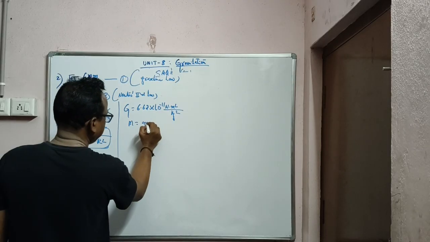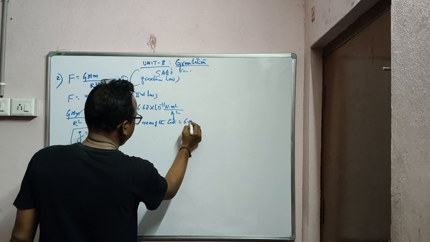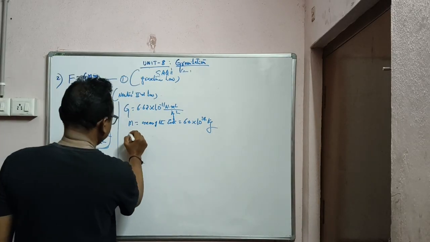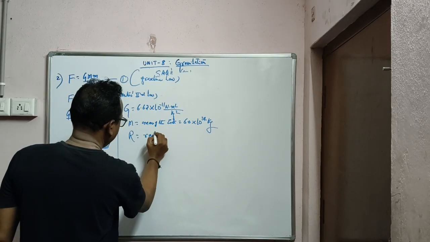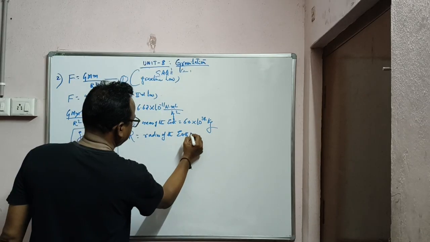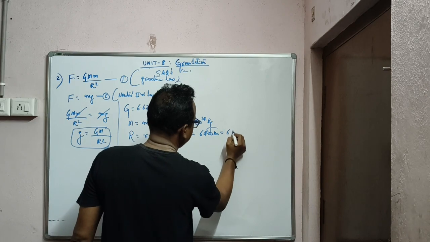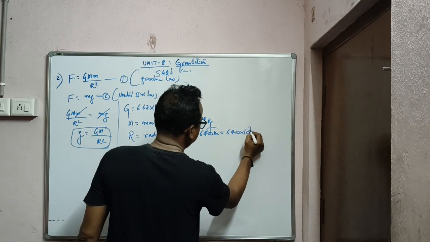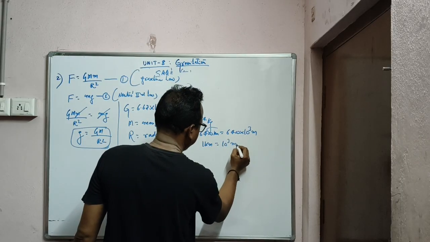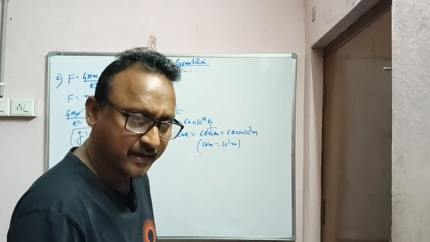Capital M is the mass of the earth, 6.0 into 10 to the power of 24 kg, and r is the radius of the earth, equal to 6,400 kilometers or 6,400 into 10 cube meters, because 1 kilometer is equal to 1000 meters. So this is the equation for acceleration due to gravity on the earth's surface.